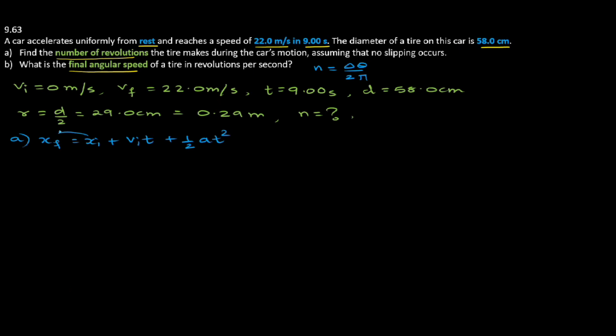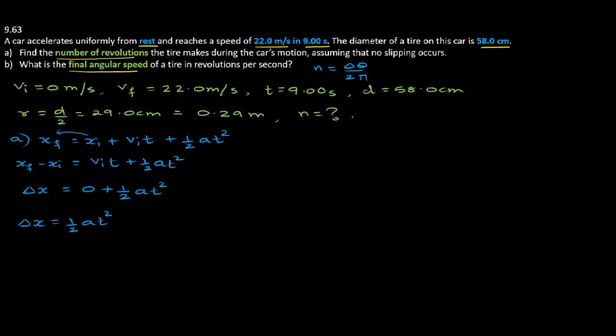So we can move this to the other side. That gives me x final minus x initial, which is my linear displacement, equals v initial t plus half a t squared. Now x final minus x initial I can write as delta x, which is equal to v initial, which is 0, so 0 times anything will give me 0, plus half a t squared. So I get delta x equal to half a t squared.